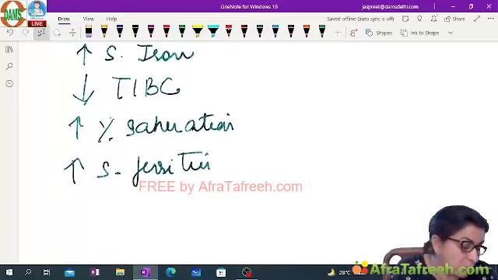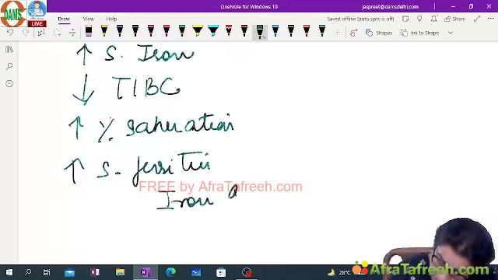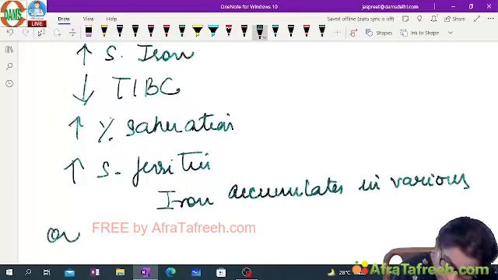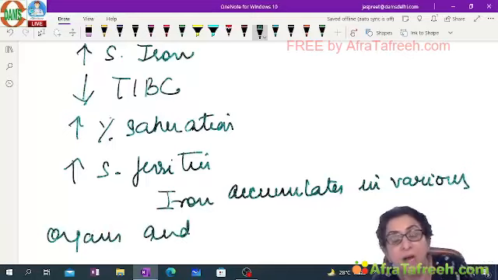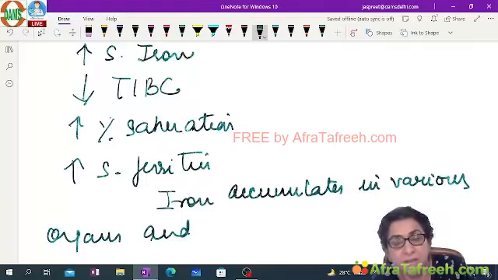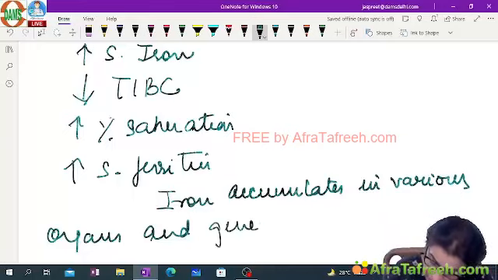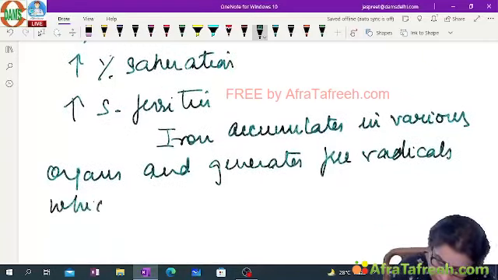Now iron accumulates in various organs, and when iron accumulates in an organ, it damages the organ. How? Iron generates free radicals, which cause damage.